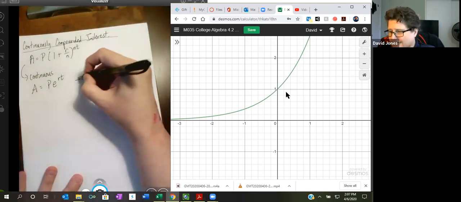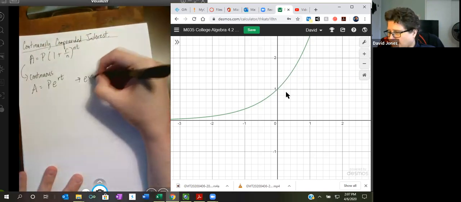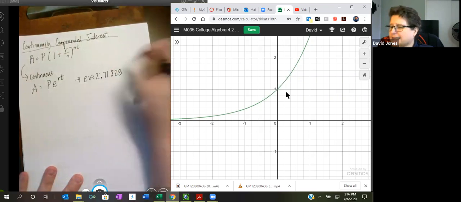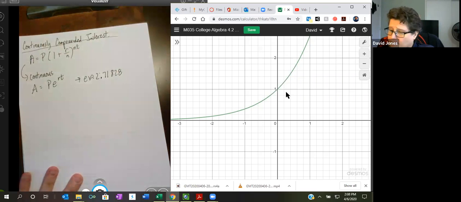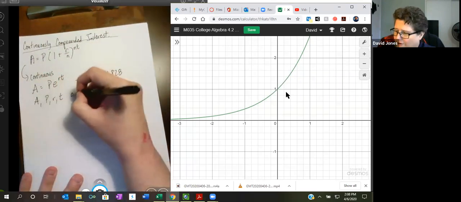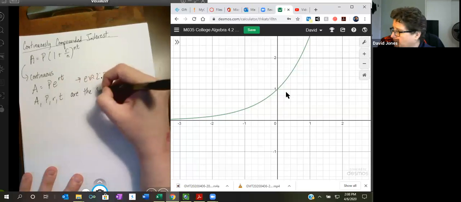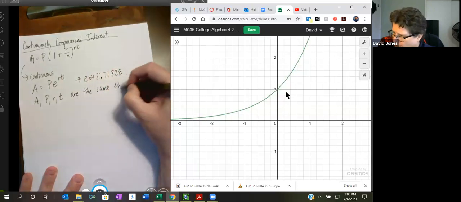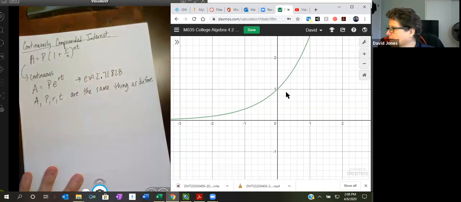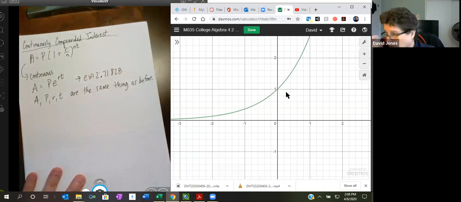Where E is a number, 2.71 to several decimal places, and it's unending. A, P, R, and T are the same thing as before. So this is continuously compounded interest.